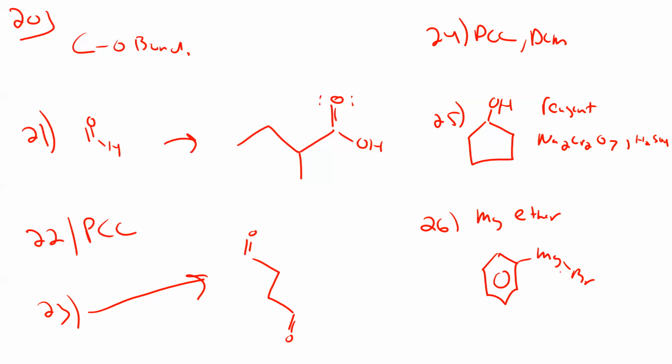Oh, okay. 26 has more than one part, so I didn't realize that. We'll continue 26 on the next slide. So 26 part 2. We're going to have formaldehyde. Let me put that down.